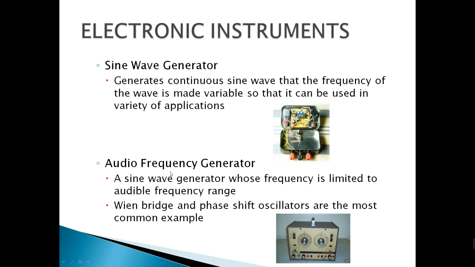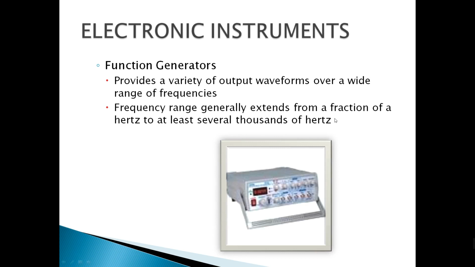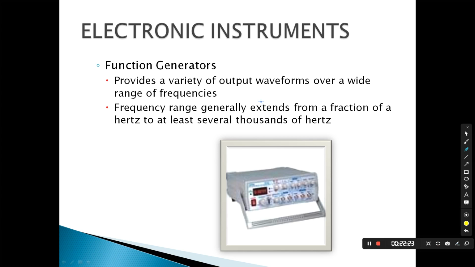An audio frequency generator, a generator that can produce frequencies in the audible frequency range. Then we have radio frequency generator, self-explanatory. Then we have the pulse and square wave generator, which generates pulse and square wave. Function generator provides a variety of output waveforms over a wide range of frequencies.